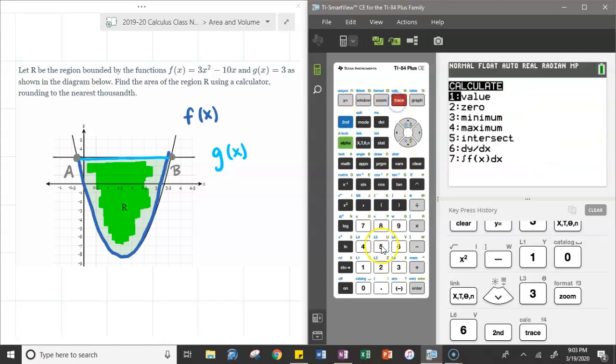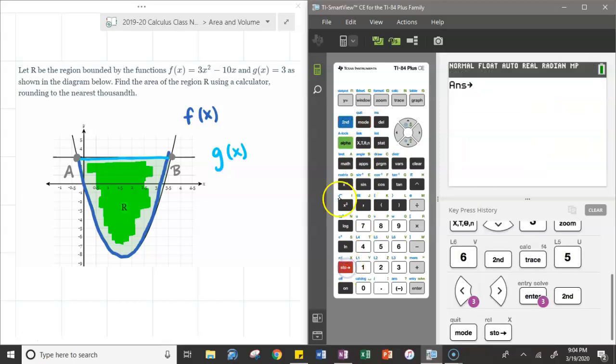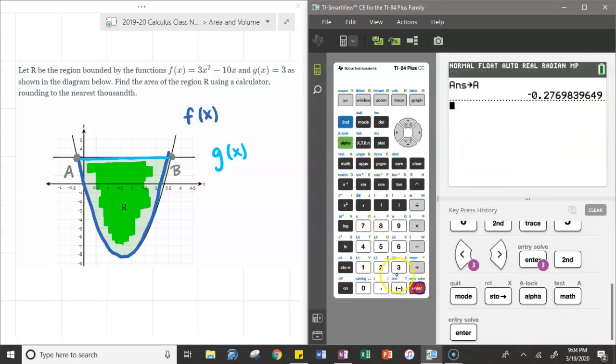By my first point of intersection, go near it, hit enter 3 times. As soon as the point of intersection pulls up, if you go back to the home screen and immediately store that value as A, we don't have to round off that number.